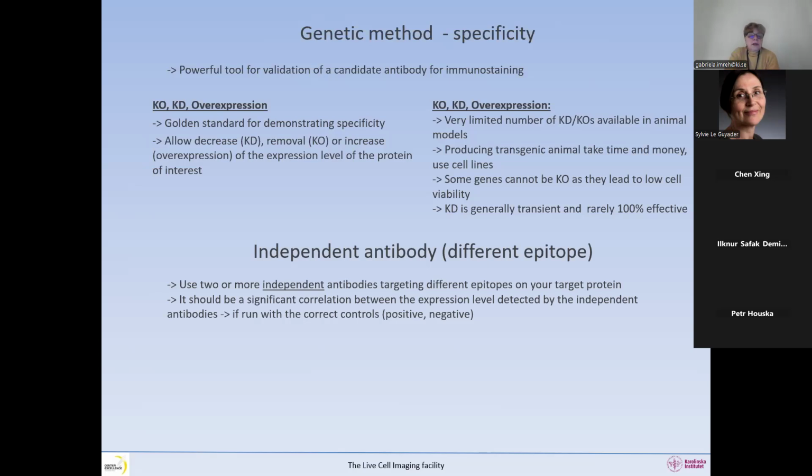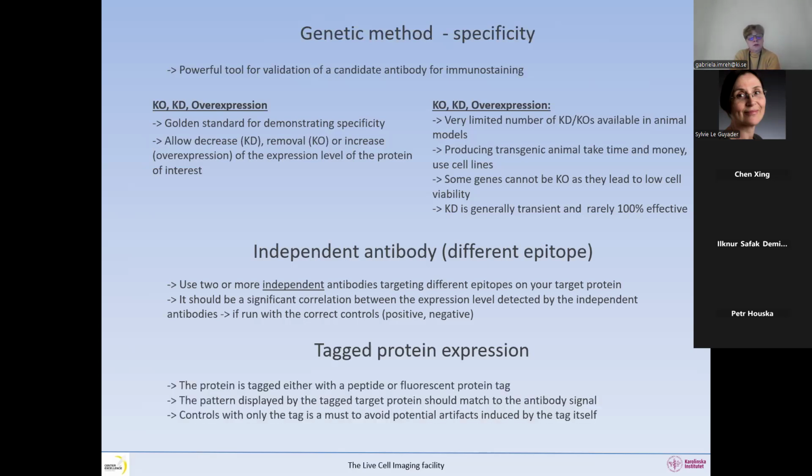You can use independent antibody approaches, when you use two or three independent antibodies which target different epitopes on your target protein. And there should be a significant correlation between the expression levels when using all these antibodies. You can use tagged protein expression.